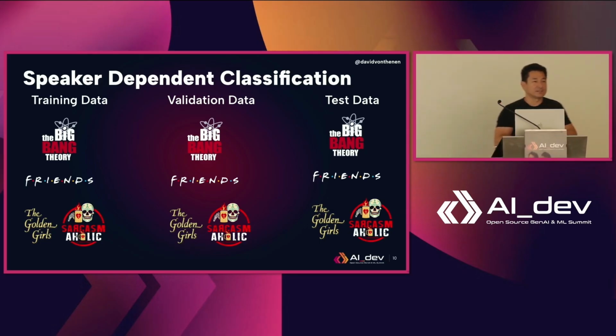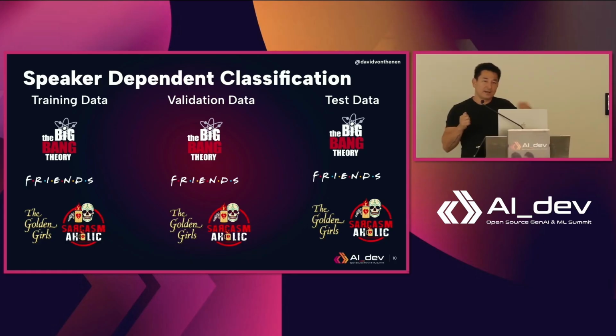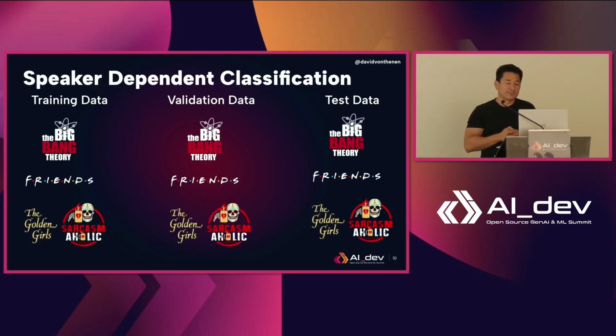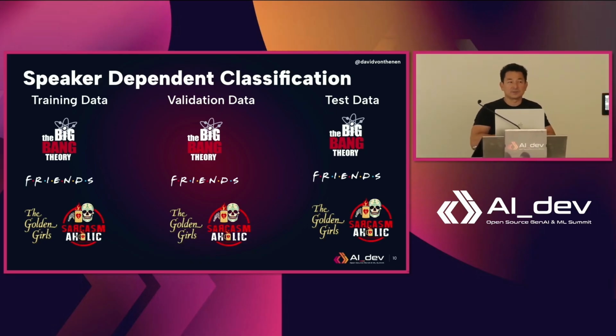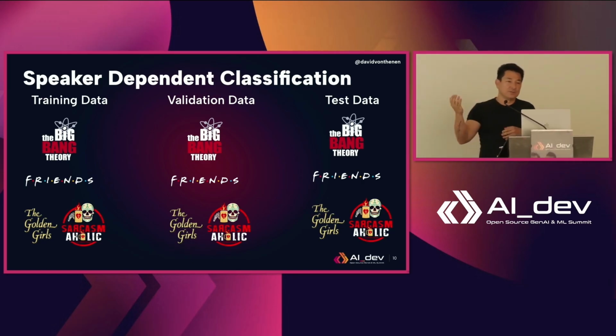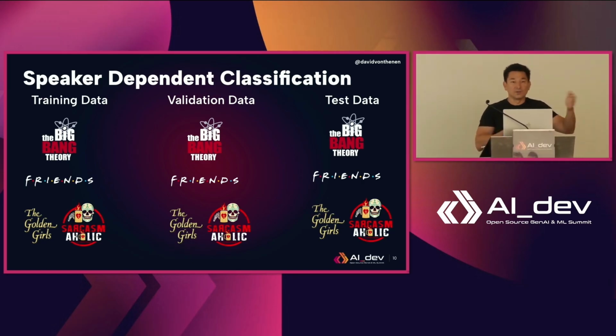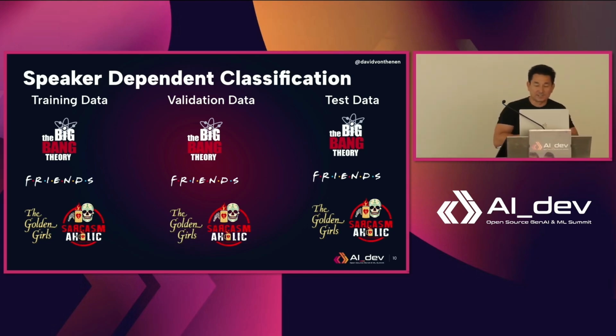So when you're training your model, it's using the same mannerisms and facial expressions from the data set. And when you're doing the test, it's also using test data from those TV shows, with those actors, those mannerisms and all that information.